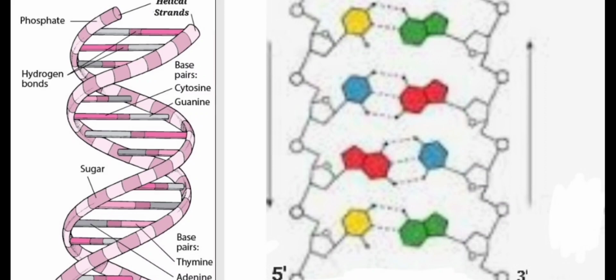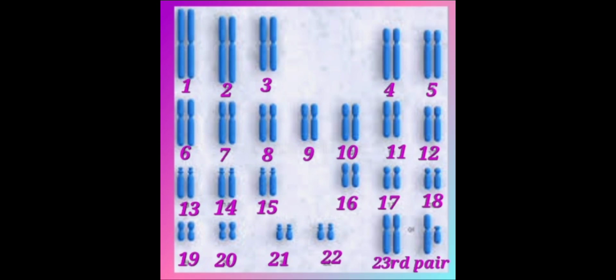In the pre-sequencing days, chromosomes were identified by the staining pattern and the location of the centromere. The autosomes, other than the sex chromosomes, are numbered by decreasing length.